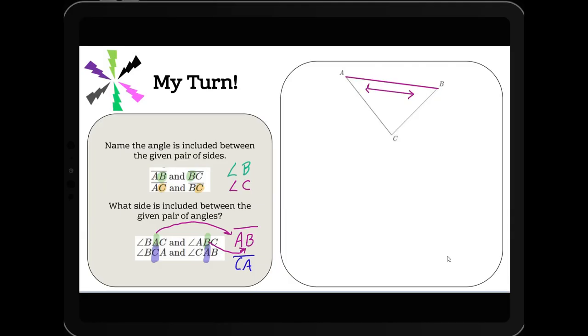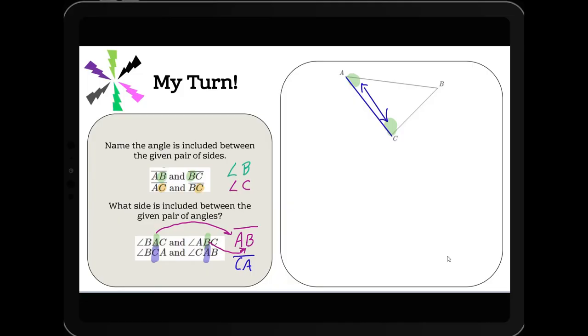However, you still want to make a practice of doing that, and in this particular case we can go ahead and do that. So we have the angle BCA, which is this angle, and CAB, which is this angle. So the included side is going to be CA or AC. Again, it lies between the two angles, and you can see that.